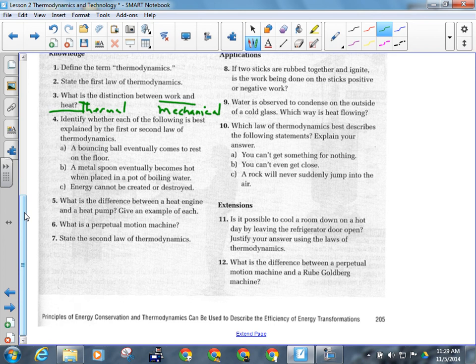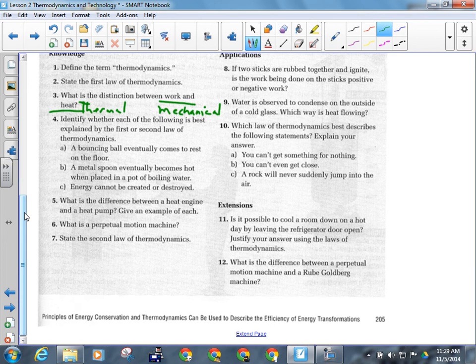Water is observed to condense on the outside of a cold glass. Which way is heat flowing? Water condenses because it reaches its condensation point and goes from gas to liquid. Why do we see that happening on the side of a glass? Because the water vapor in the air goes towards the glass, which is cold.